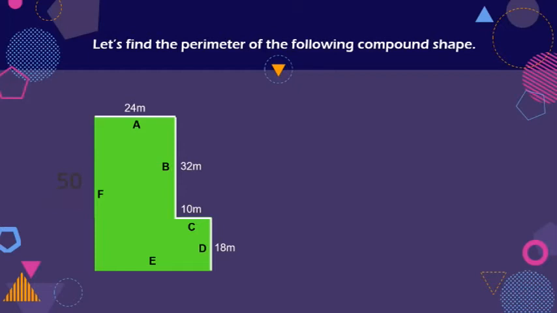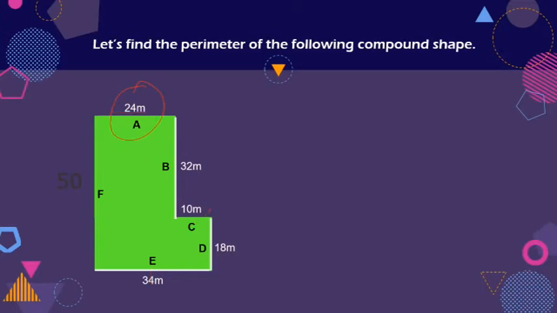Side A and side C are the opposite sides of side E. So to find the missing measurement, we add side A and side C: 24 plus 10, we've got 34. So this side is equal to this side.